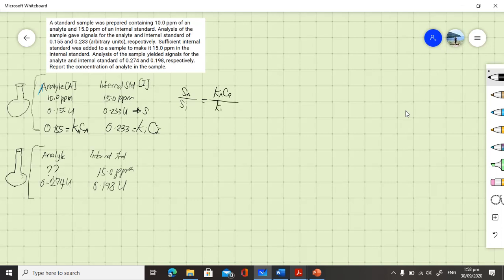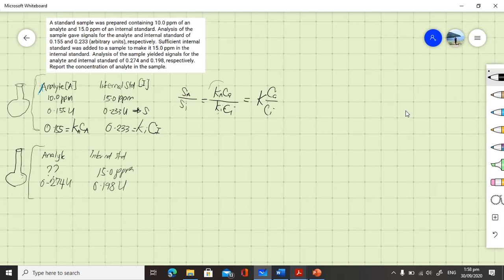Right? So now, you're only left with this K. Right? And since K is affected by both, right? Because it's the sensitivity of the instrument. So, since K is affected, then we can denote that as K, CA over CI.